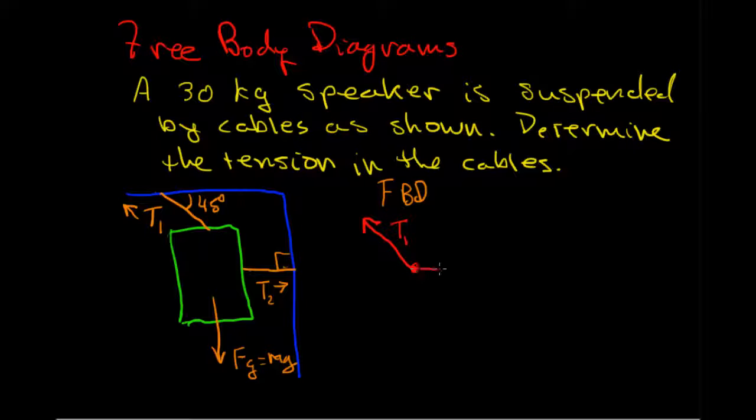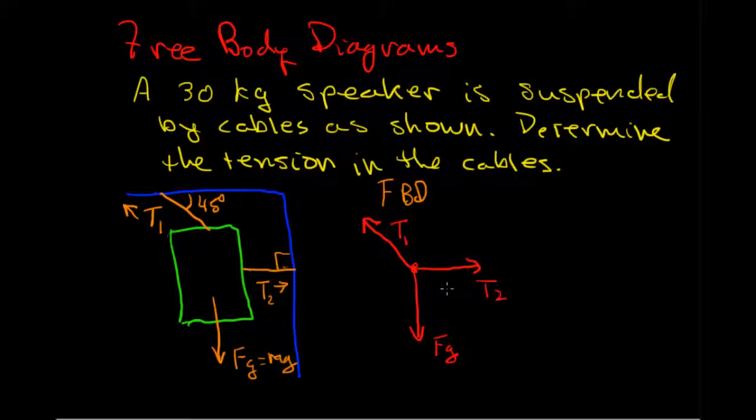Maybe I'll do it up here. T1. And then going off this way, I have T2. And going down this way, I have the force of gravity. And when we're drawing our free body diagram, the next thing we do after we've identified all our forces is we define the direction of the acceleration. Sometimes it's not clear.